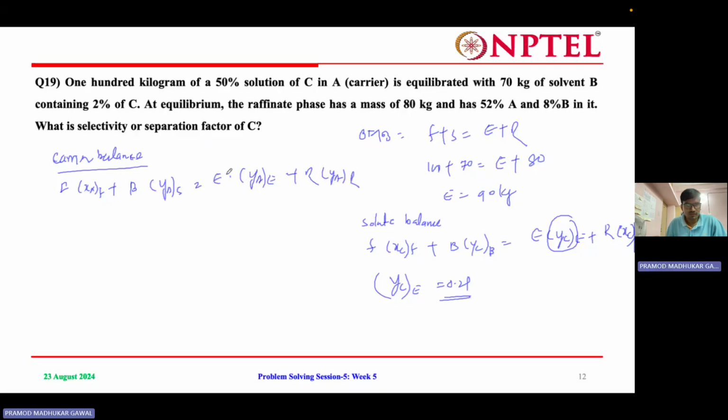So here we have to calculate only this quantity, all the others are given.